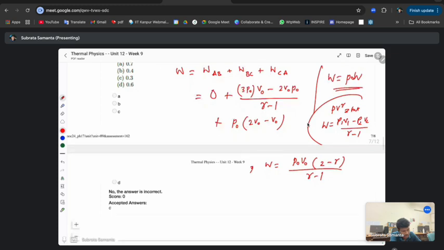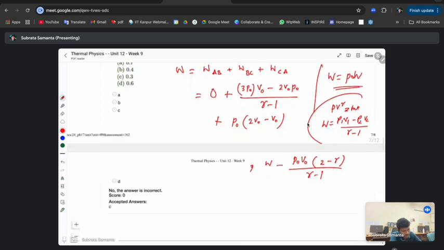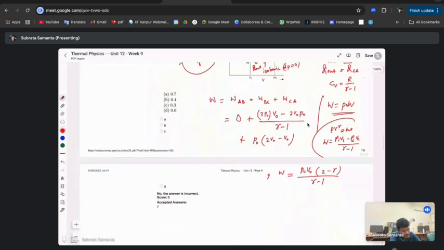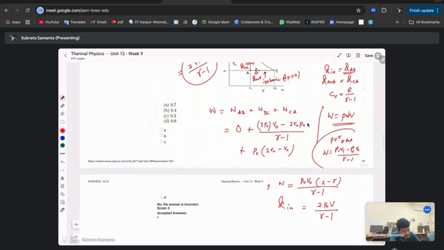This is basically your W value, and the Q in is basically 2 P naught V over gamma minus 1.